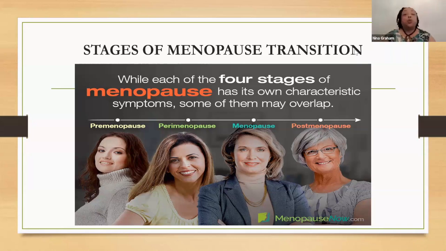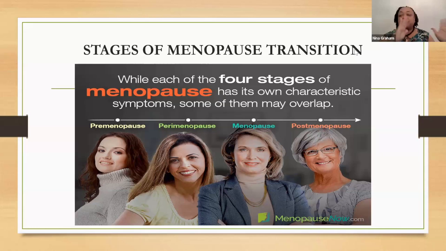So for women who stop their periods for 12 months, if bleeding occurs after that, it is not normal, and you should be investigated for postmenopausal bleeding. The perimenopausal period is where all of the symptoms are different.